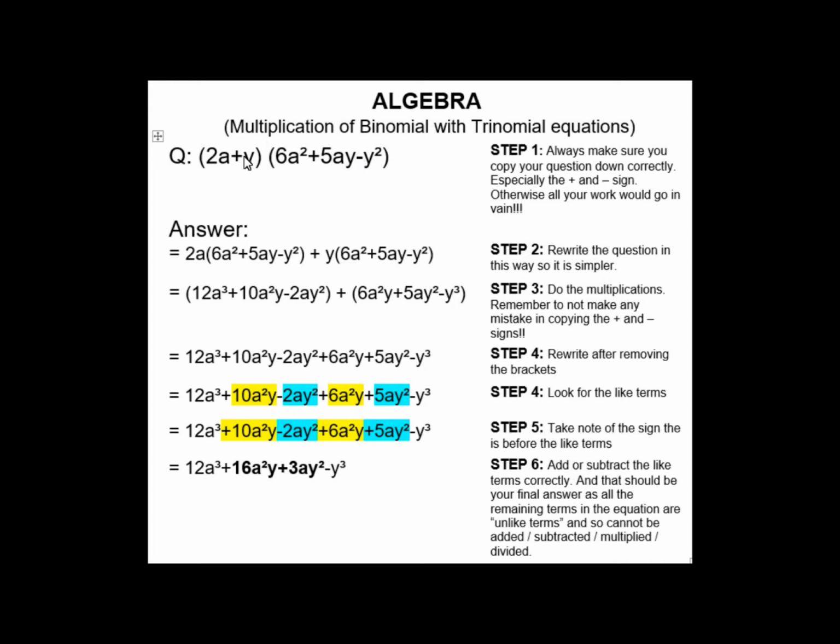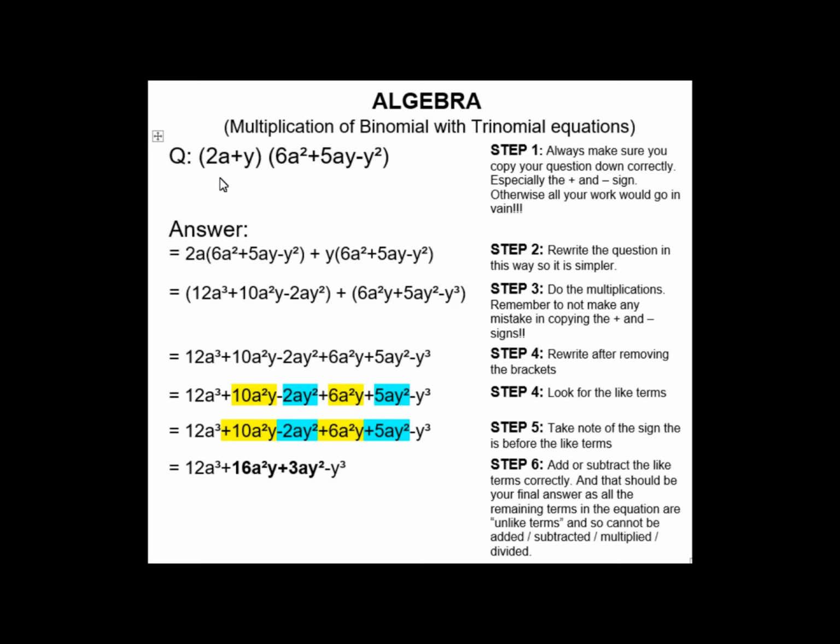Similarly, we have to multiply y with 6a square, y with 5ay, and y with y square. The simple way of rewriting this is we'll take first 2a, and then bring this bracket next to it, that is 6a square plus 5ay minus y square.